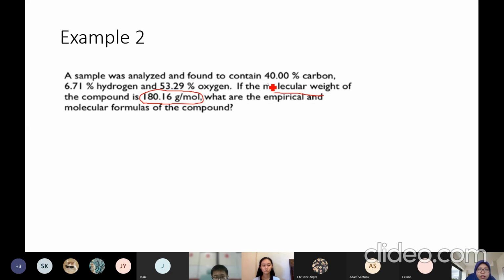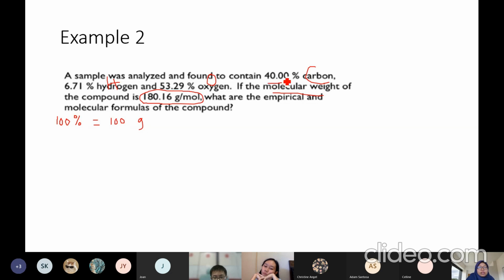There are 40% of carbon, hydrogen, and oxygen. What is meant by percent? Percent is the same as divided by 100. So in this case 100% equals 100 grams.